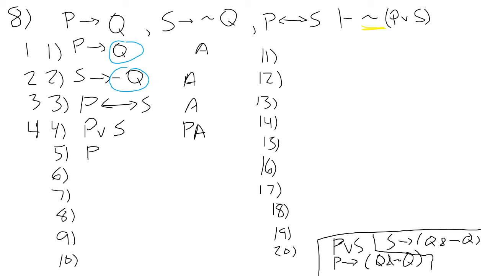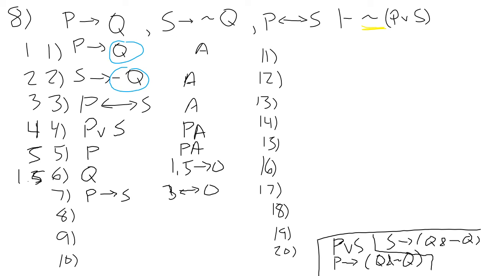So we'll still assume P as a PA, and then we can get a Q out from 1 and 5, arrow out, 5. Then we can do our biconditional out on 3, and we can toss our P into that to get S. So that's going to be from 5 and 7, arrow out, 3 and 5.